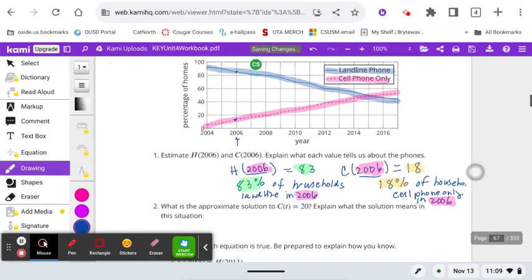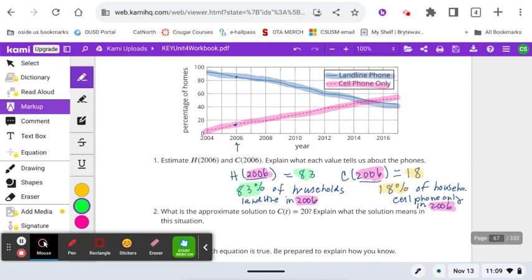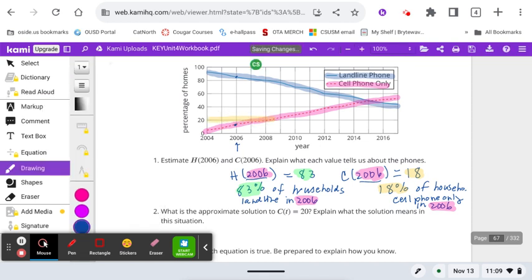Okay. What is the approximate solution when the output for cell phones was 20? And so for some reason, the output ones are always ones that get students a little bit more. So if I follow this along to here, output, what year?